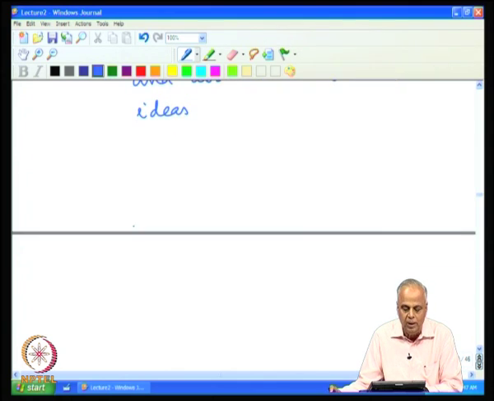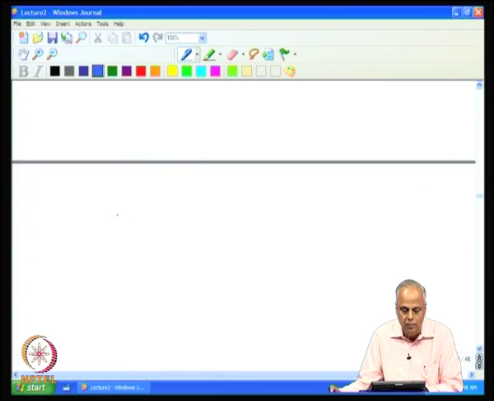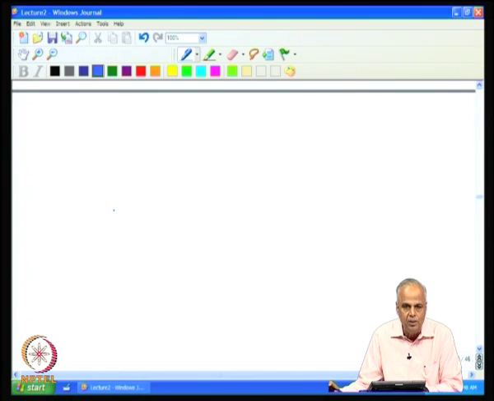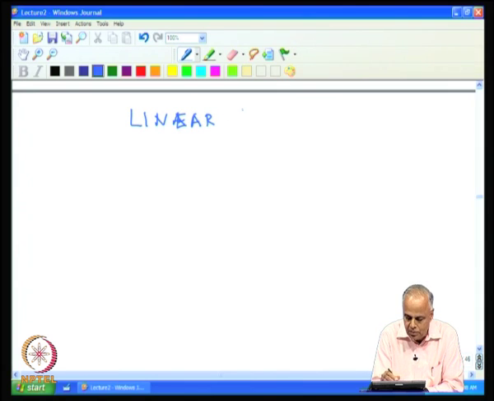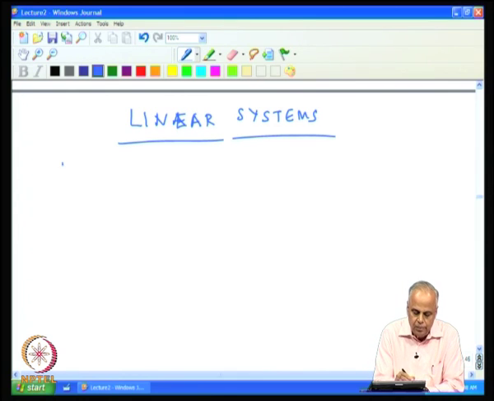So, before we begin our course, we shall give some standard notations that we will be using in this course. So, the first thing that we will study will be the linear systems. The notations that we will use are the following.